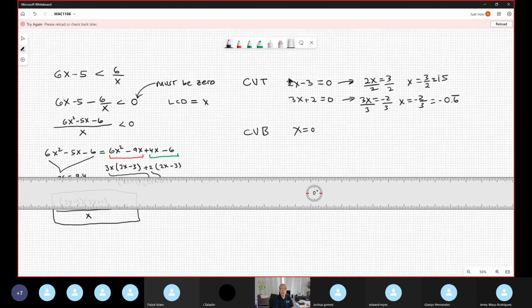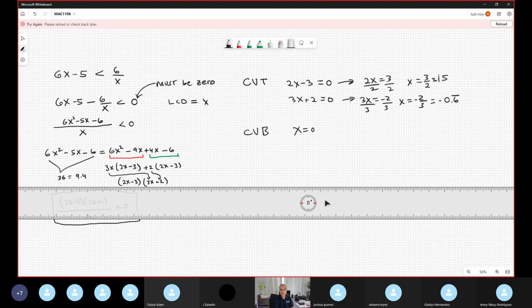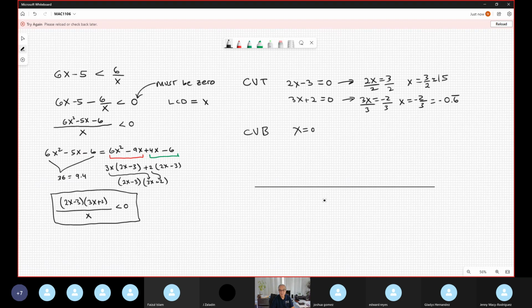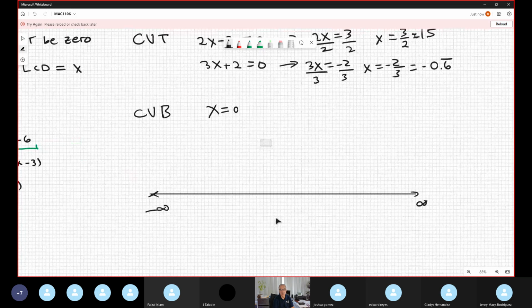Okay, ready. Using those values, make the partitions. Negative infinity, infinity. We make a zoom. At 0 we have a partition. We split this in two parts, the positive part and the negative part.